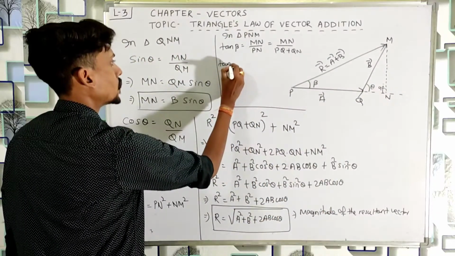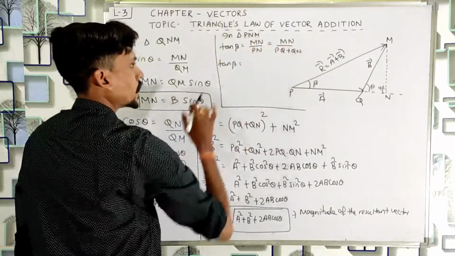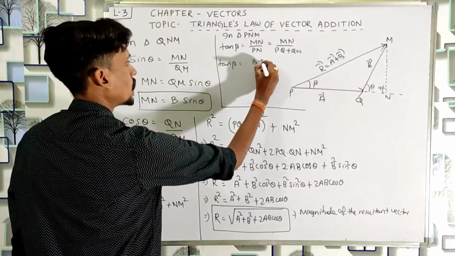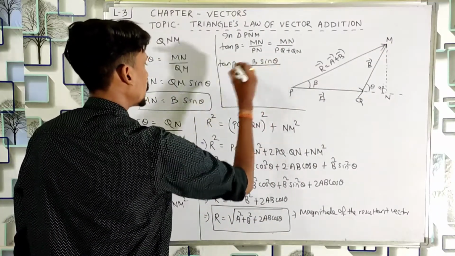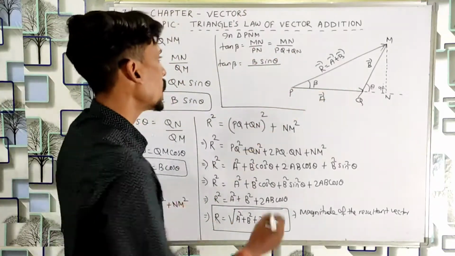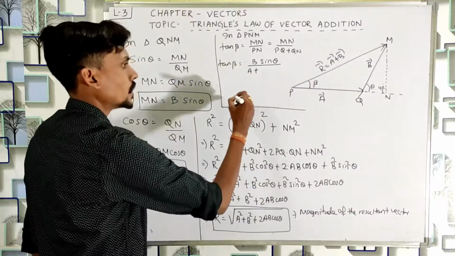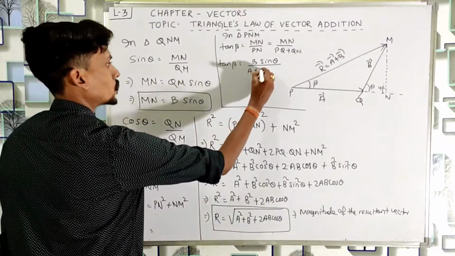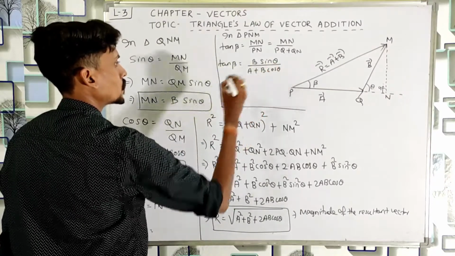So tan beta is equal to, what is MN? MN is B sin theta. So write B sin theta divided by PQ plus QN. PQ is A, and QN is B cos theta. So write A plus B cos theta.